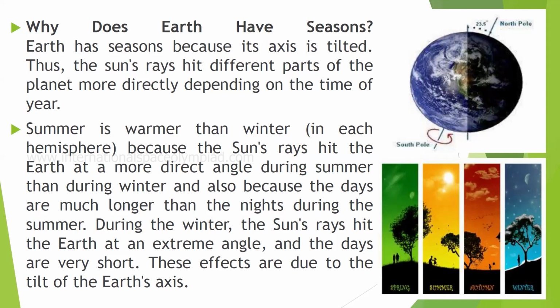Why is that? Because the Sun's rays hit the Earth at a more direct angle during summer days. So in the opposite hemisphere, it will be winter. And one more thing, when you are living at the equator, you won't feel a drastic difference between winter and summer.